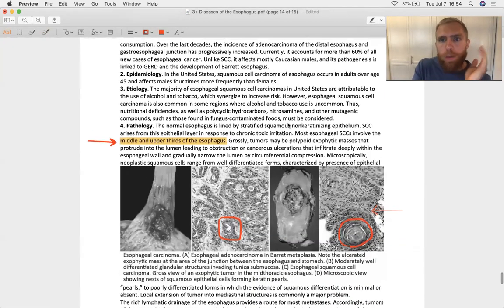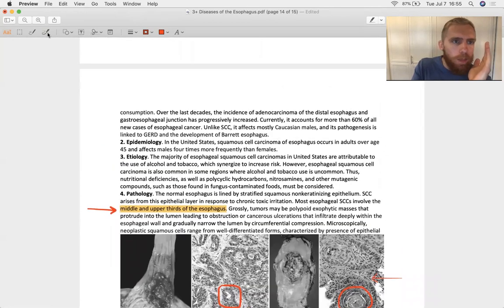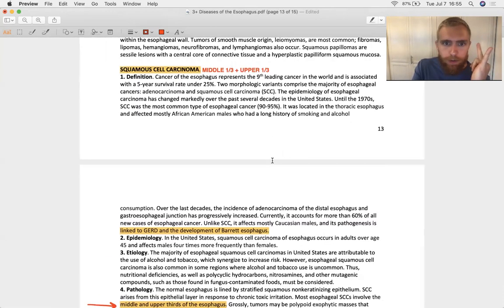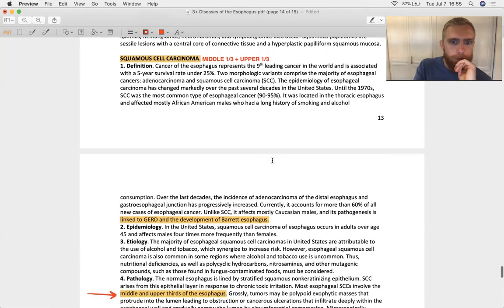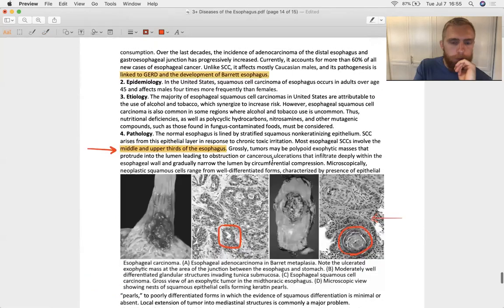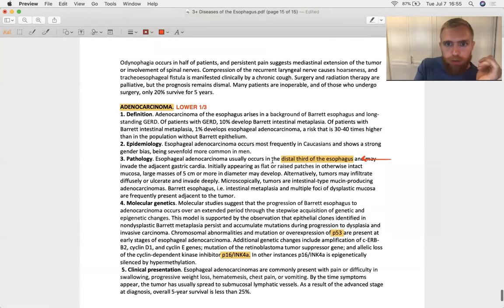And of course, remember your association. Squamous cell carcinoma associated with gastroesophageal reflux and Barrett esophagus. Remember, you can't get Barrett esophagus without GERD. Now, adenocarcinoma, please remember that it's linked to GERD, Barrett esophagus, but also achalasia.